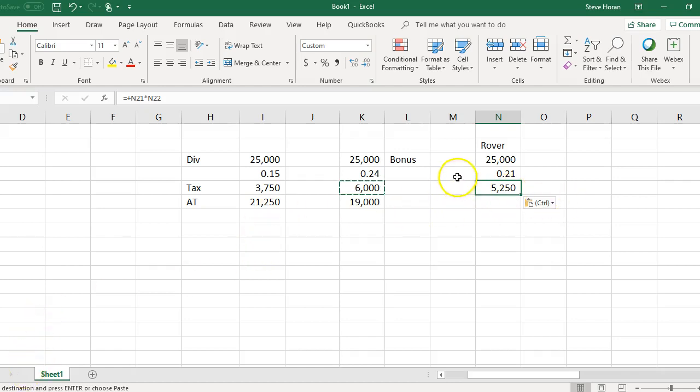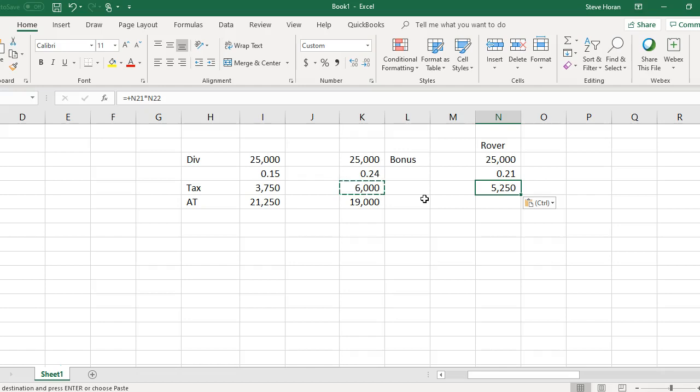So in this situation, because Rover gets this 21% tax break by paying a salary to Alicia, she's better off actually taking the bonus. And this works because she's the sole shareholder. If there were multiple shareholders, it'd be a lot harder to figure this out because we'd have to take into account each individual shareholder's tax situation.